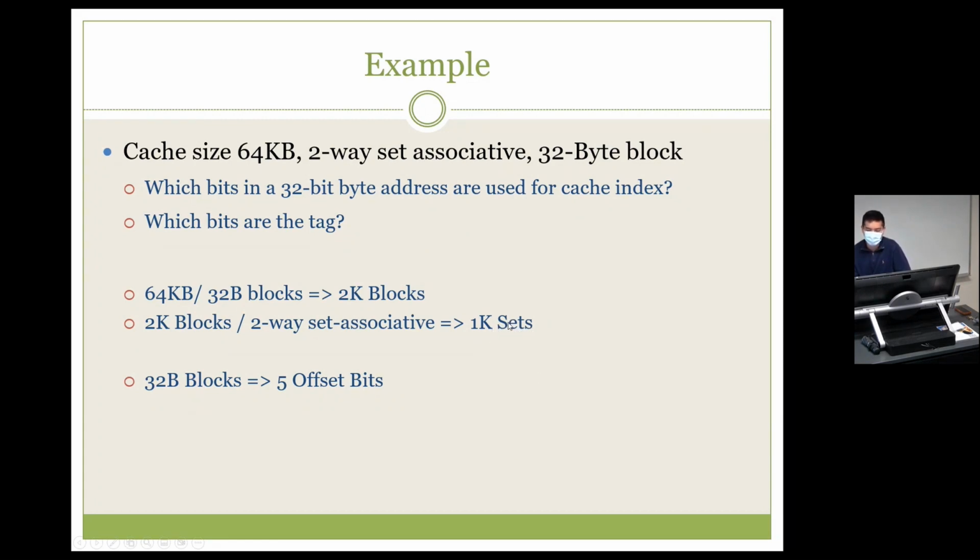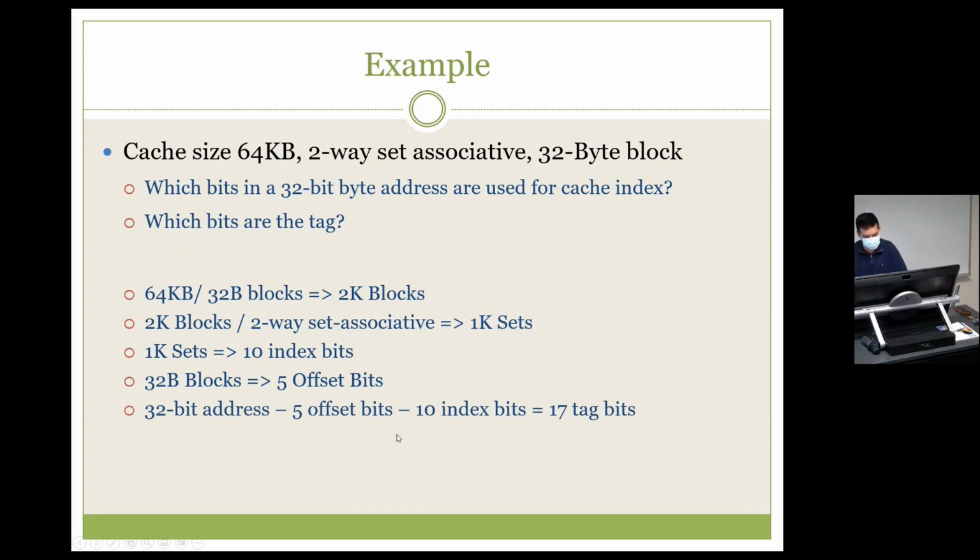So what do we do to figure out how many bits we need if we need to be able to reference 1,000 places? Yes. Log base 2 of 1,000, and that is 10. 8 is 256. Yeah, 10. 10 index bits. Make sense? Okay. And then the last thing is we have a 32-bit address, minus 5 offset bits, minus 10 index bits, 17 tag bits.